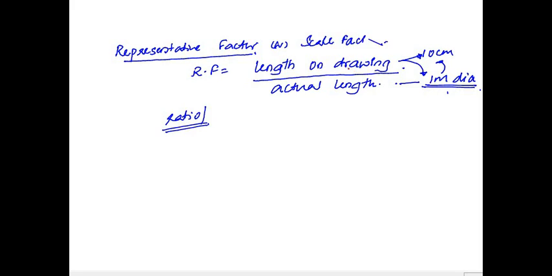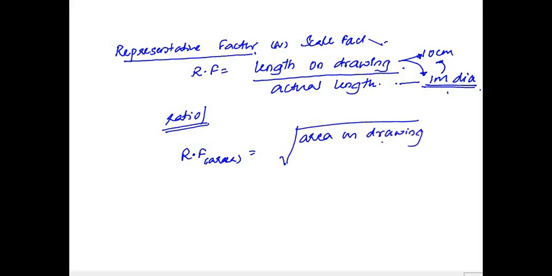Basically scale is linear, so all the dimensions, whatever the way the representative factor is presented, has to be brought down to linear dimensions. So if the representative factor is given in terms of area, then our representative factor will be root over area on drawing by actual area.